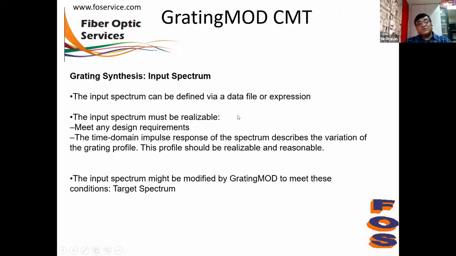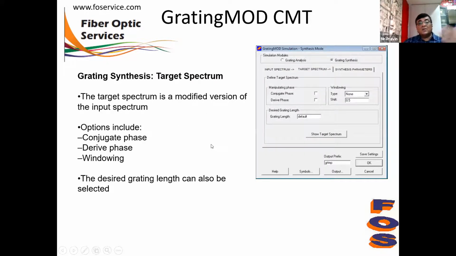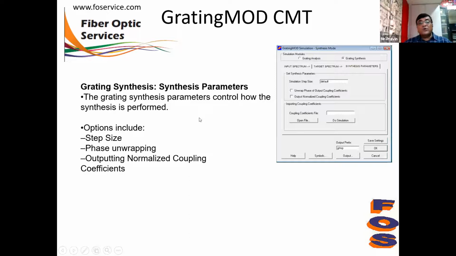Then another option in the grating mode is synthesizing the grating. So you input the spectrum of what kind of spectrum you need, and it will design the grating structure for you. Various options are available for the synthesis, and you don't have to draw the grating.